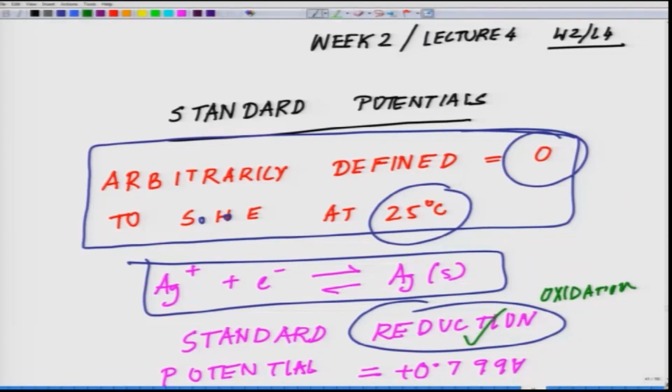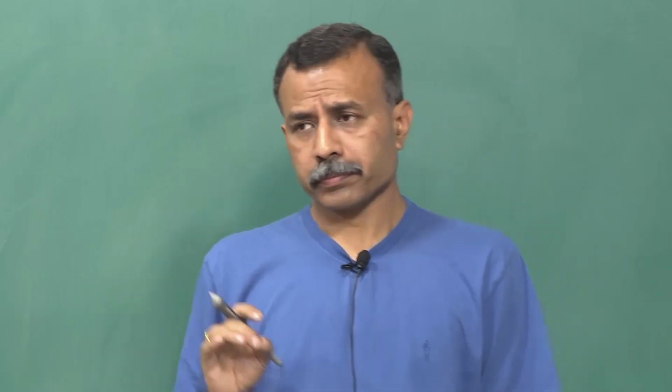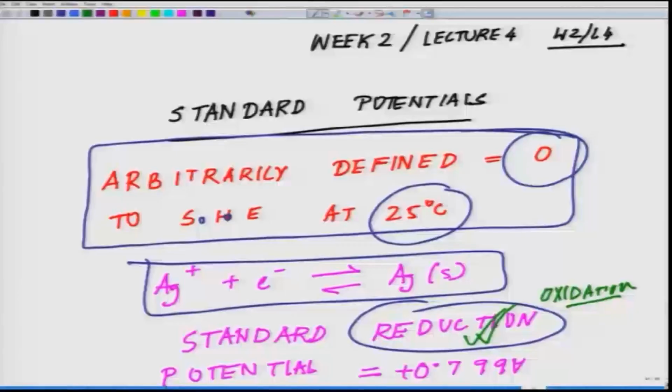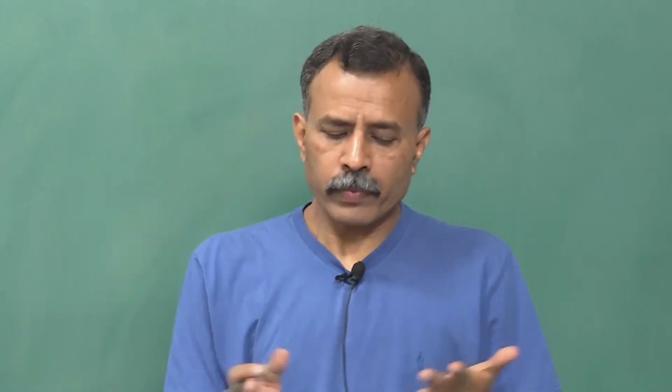The general thumb rule which most of the books will follow, and I am going to follow, is standard reduction potential. In other words, what is the potential with which it can pull an electron towards it instead of giving away an electron. So we are not dealing with this, but theoretically, yes, you can always talk like that, okay.